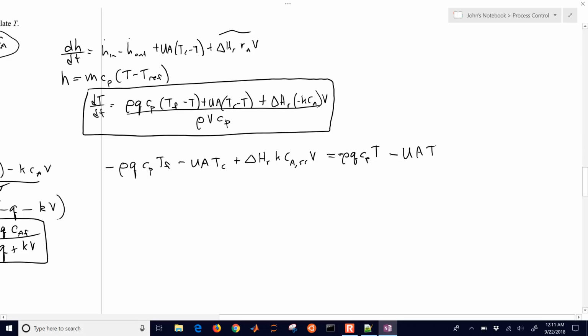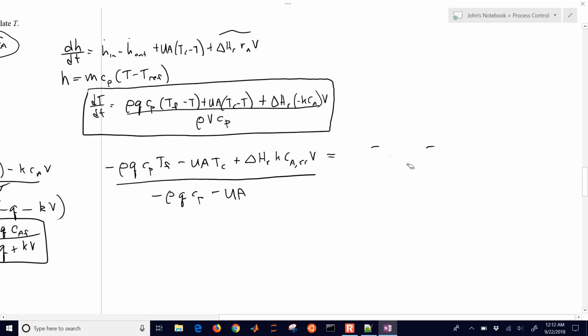Okay, so I think I've worked all that out. And then I'm just going to solve for, factor out T on the one side. And so T steady state is going to be, I'll just write this a little bit different, so I'm going to write it all out. And that's going to be negative rho Q C sub P plus minus UA.